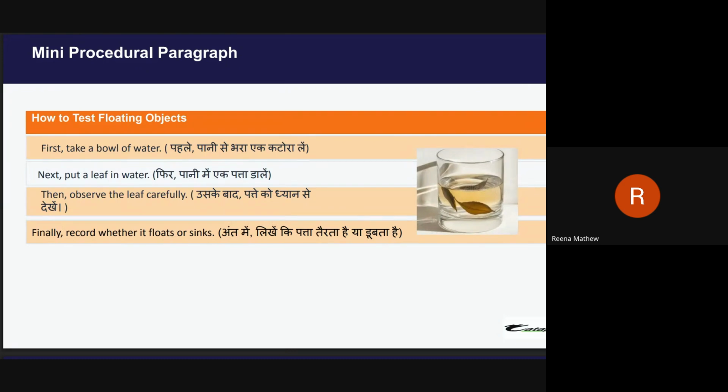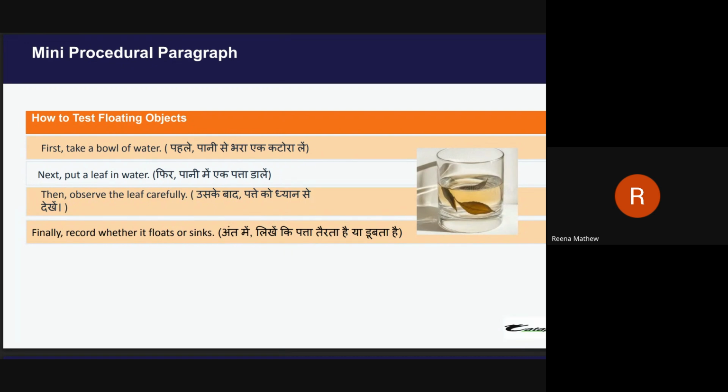See, in this you say first take a container or first take a water bottle. Pehle. And then you say add water in the container and you can say next, then, iske baad. Observe the leaf carefully. Finally, matlab अंत में, record whether it floats or sinks.